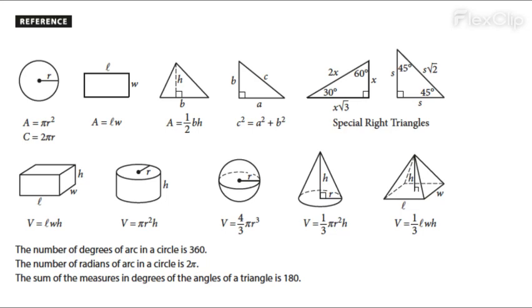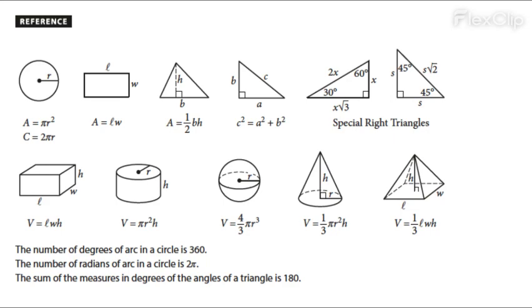But for me personally, I didn't know all of these. I knew most of the formulas on here. You should be able to know most of the formulas on here, but I didn't know the formula for the special right triangles, or I didn't know this formula for a pyramid or a cone, so I just had to look back really quick and solve the problem using the formulas that they give you.